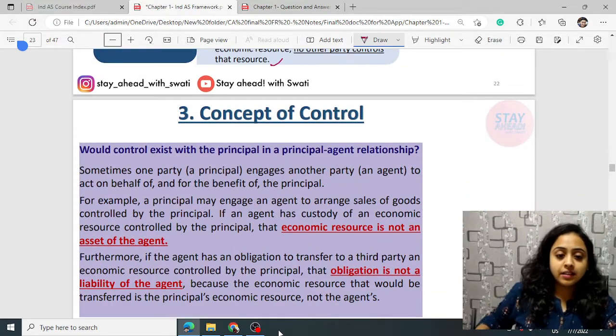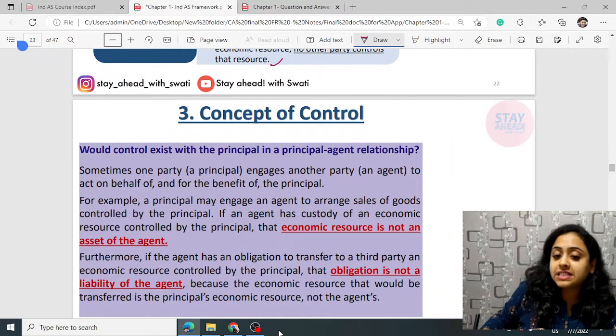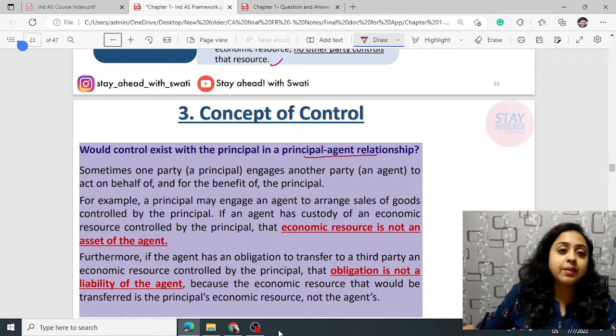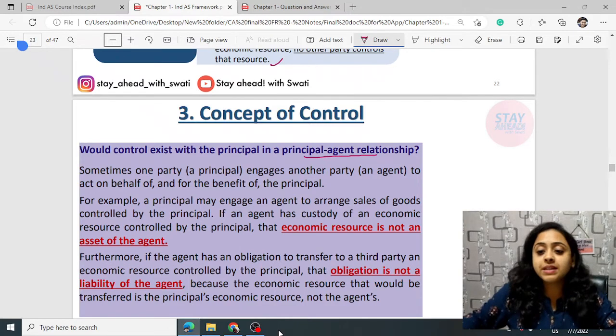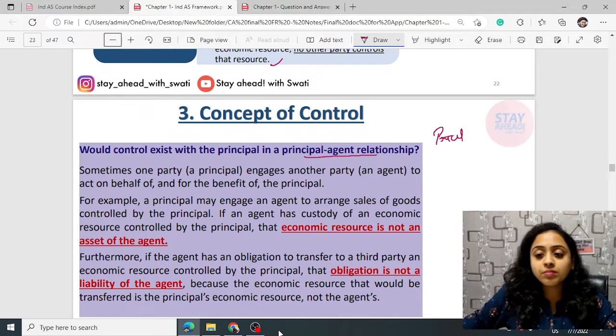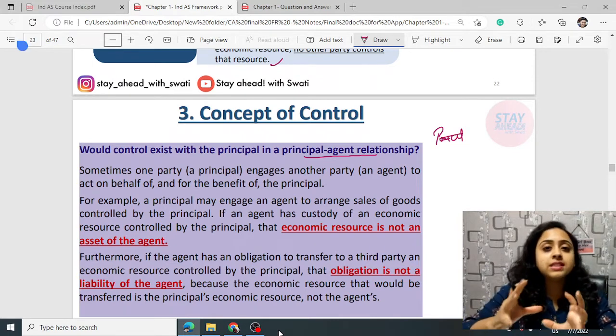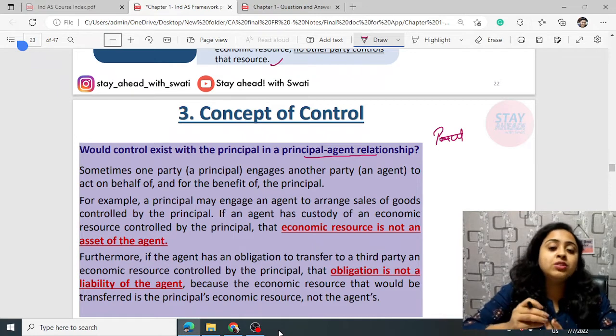Next, would control exist with the principal in a principal-agent relationship? The principal simply means who owns that asset, who bears all the risk and reward.